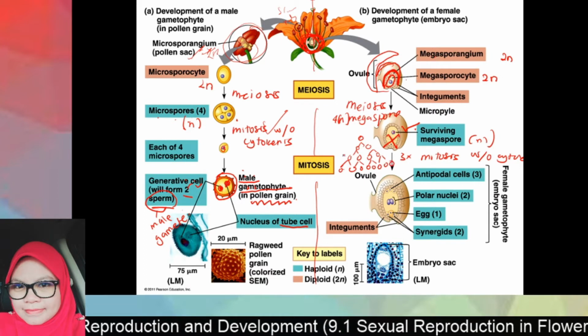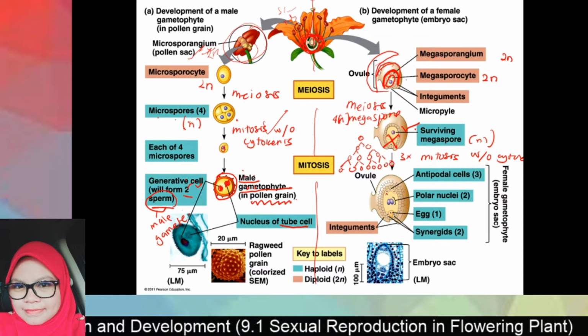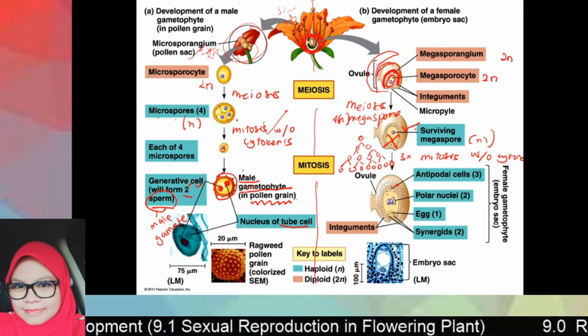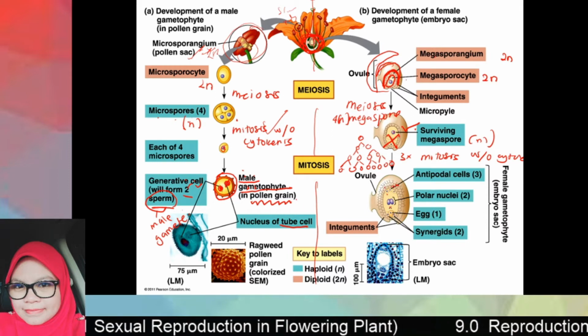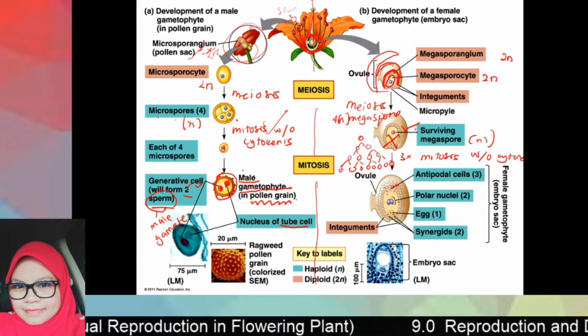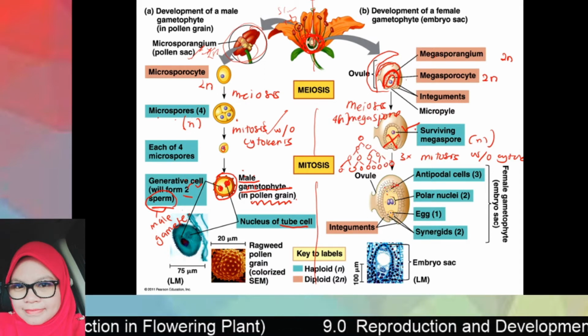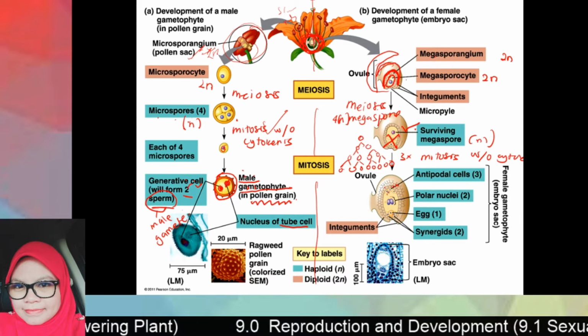So these cells arrange themselves, 3 at the top, another 3 at the bottom, and another 2 in the middle. The position of these you must remember, and they have their specific names.